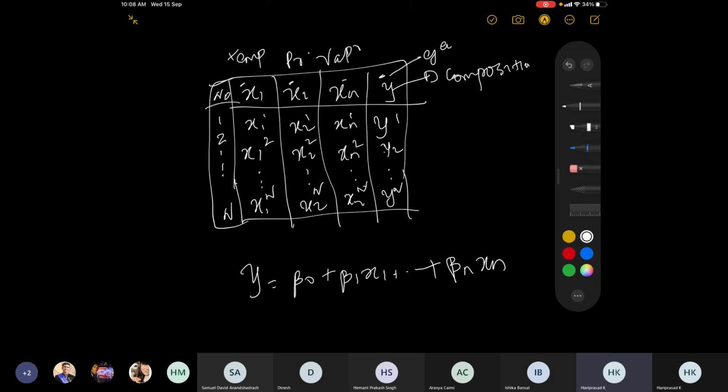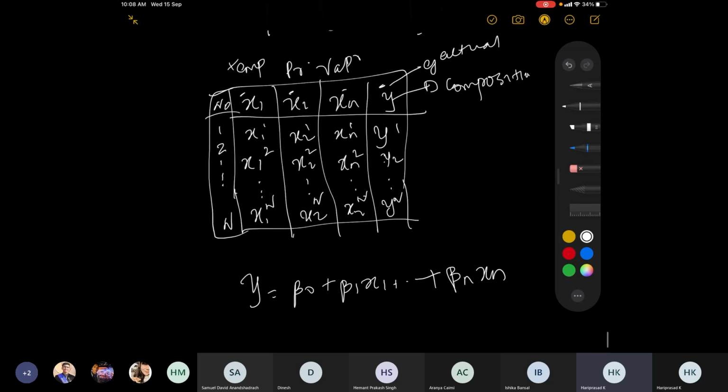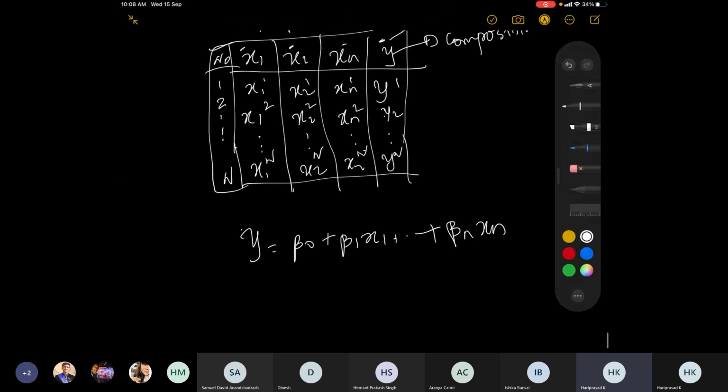The value you got from your experiment, I call y actual, and this is the model predicted output. So what is your ultimate aim? Your physically observed value y actual should be close enough to the model predicted value.